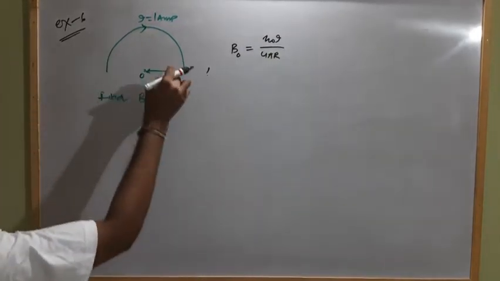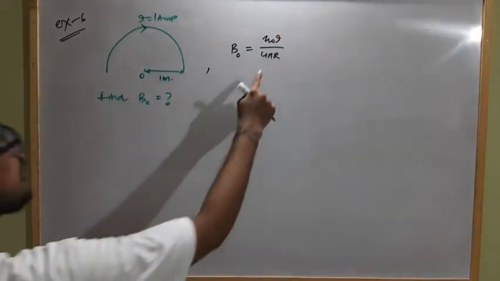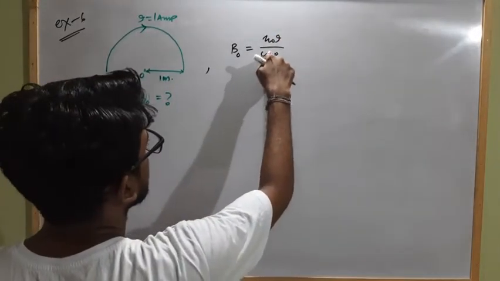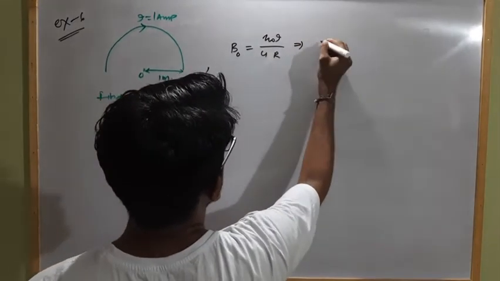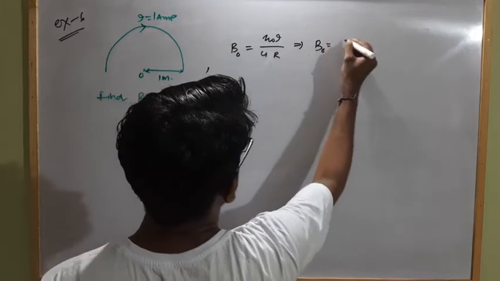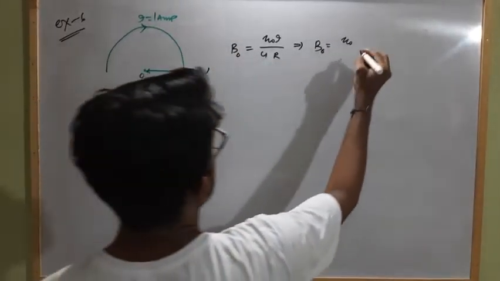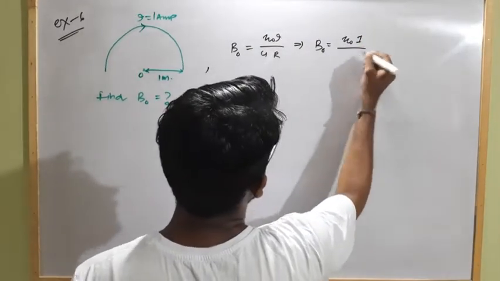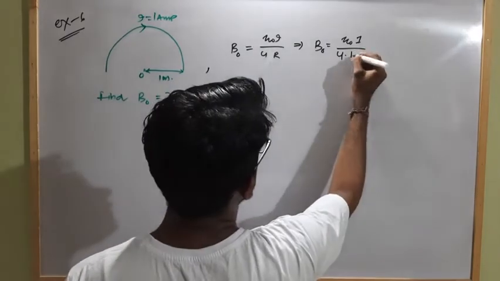Clear? This is a semicircular arc. So for a semicircular arc, the magnetic field strength at the center will be mu naught I by 4R. So this can be written as B naught equal to mu naught, in place of I we write 1 ampere, divided by 4, in place of R we write 1 meter.